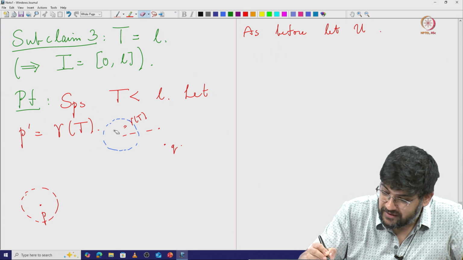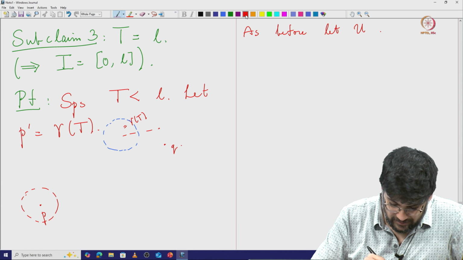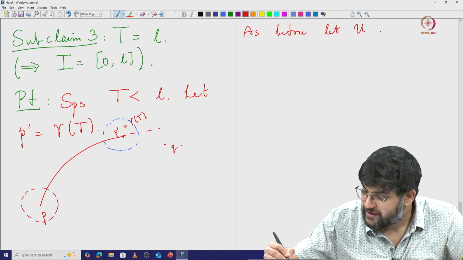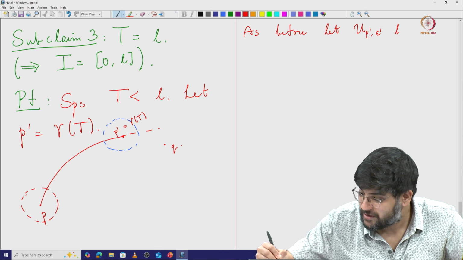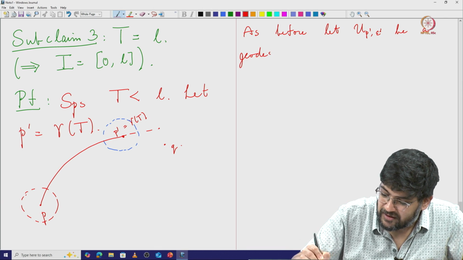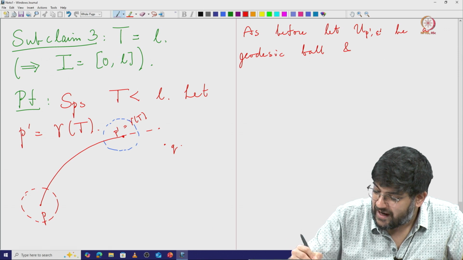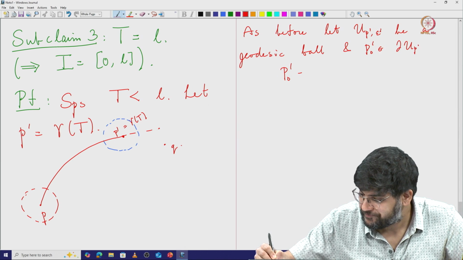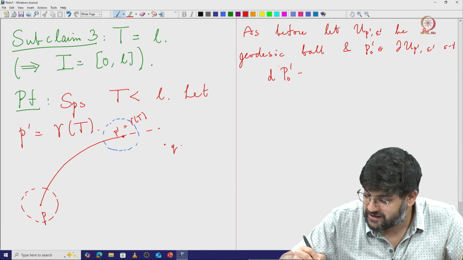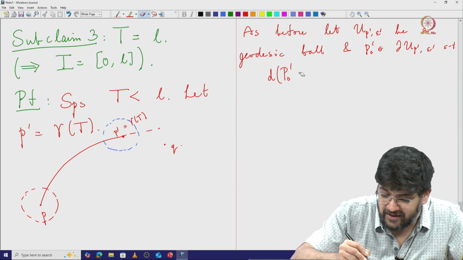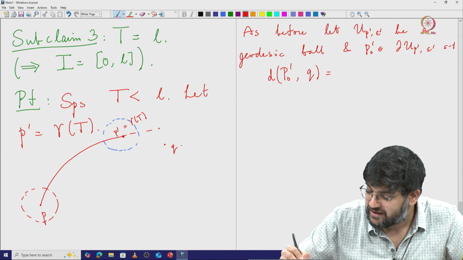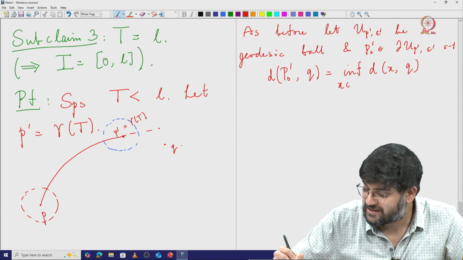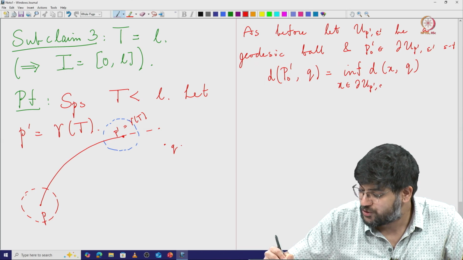So let B of P prime, epsilon prime be a geodesic ball, and let P naught prime be on the boundary such that the distance from P naught prime to Q, so exactly the construction from earlier, is the infimum of all distances from x to Q, where x now varies over the boundary of this new geodesic ball.